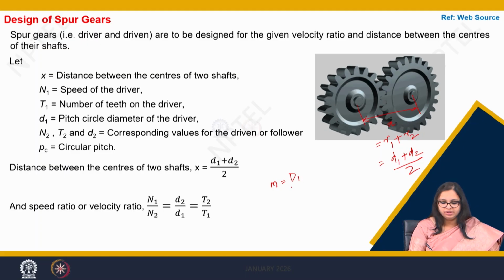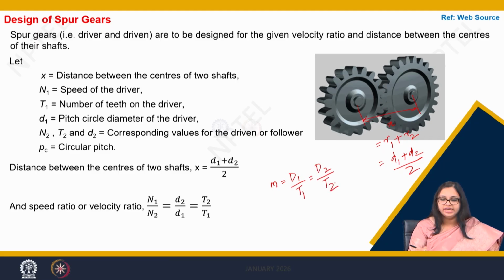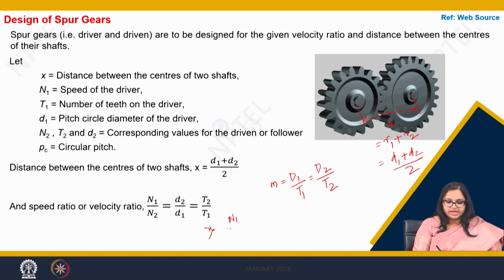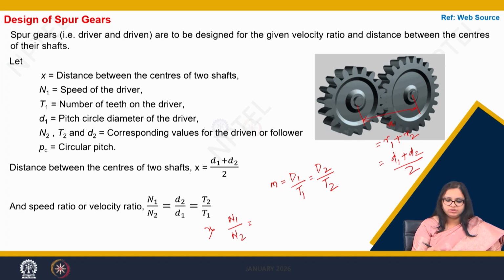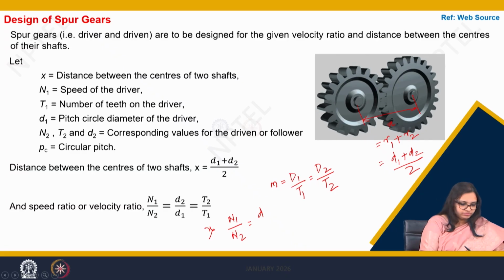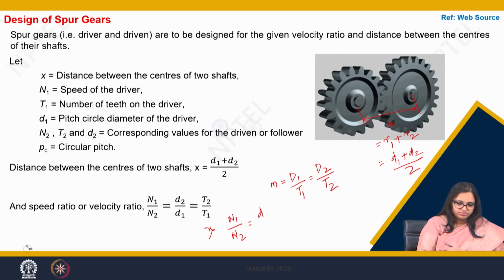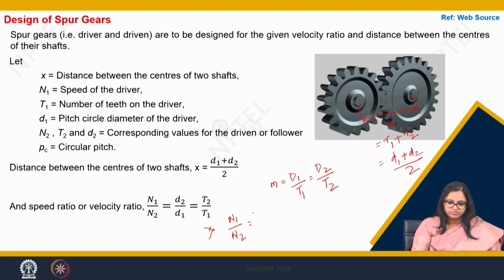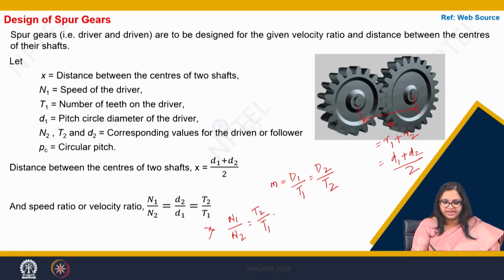That is D1 by T1 should be equal to D2 by T2, or else these two gears will not mesh with each other. So my N1 by N2 is equal to T2 by T1, that we know.